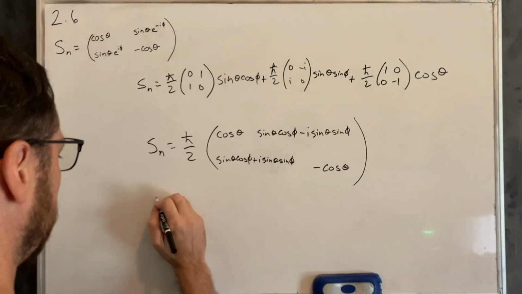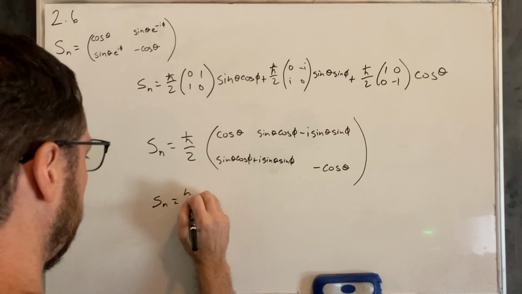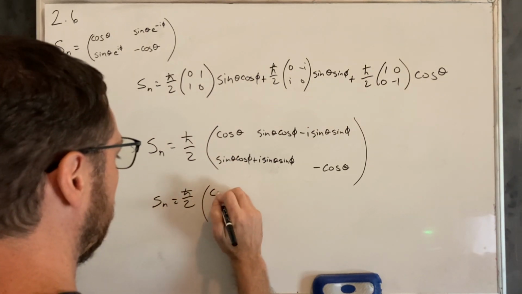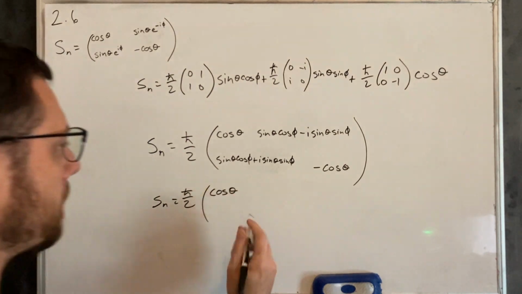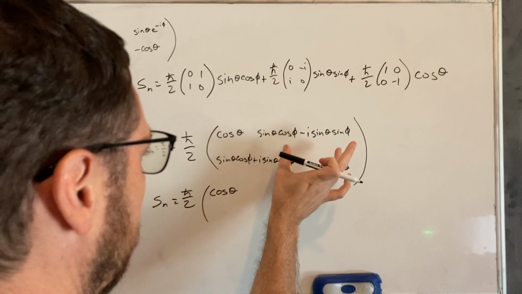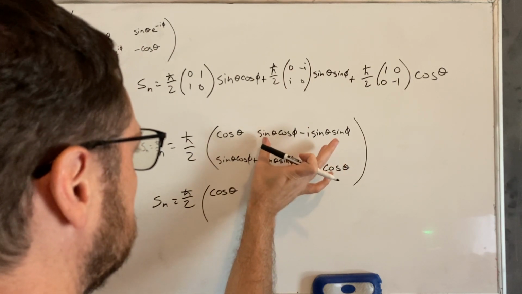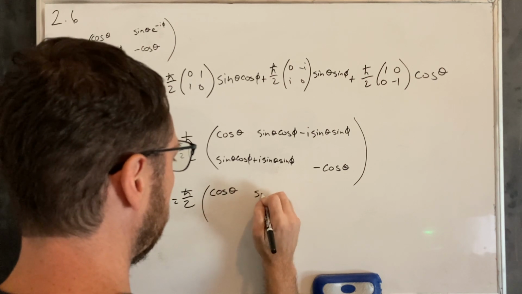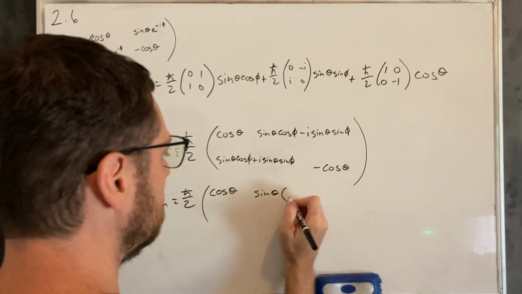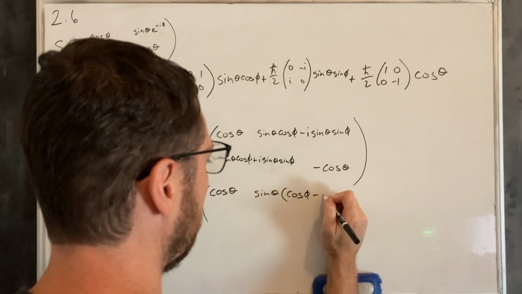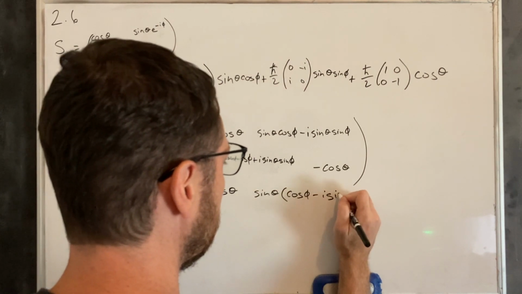All right, so we can simplify this a little bit. So Sn equals h bar over 2. All right, cosine theta, can't simplify that at all. Cosine theta stays. This right here, we can factor out a sine theta. So we have sine theta times cosine phi minus i sine phi.